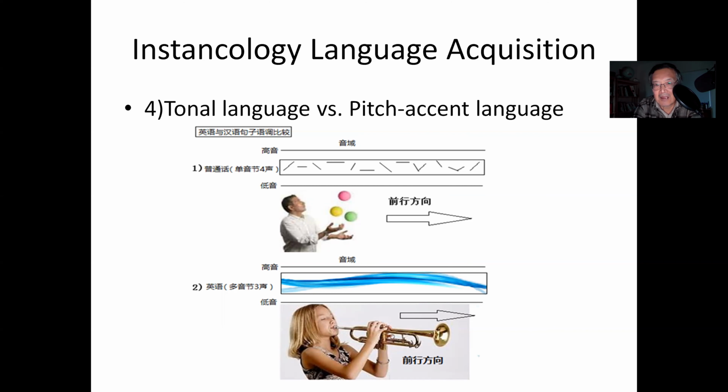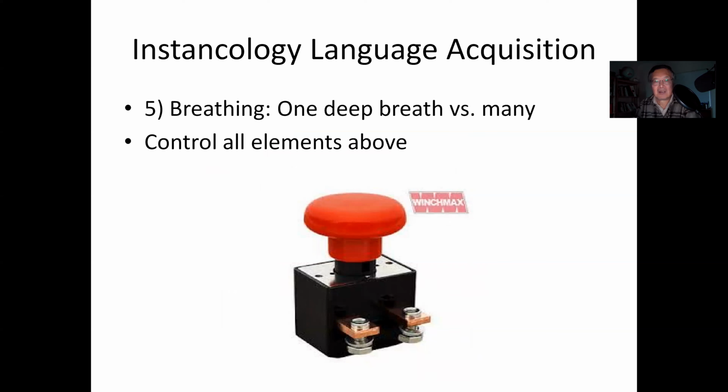Okay, and the last one. Of course, we can talk about this at the word level, phrase level, sentence level, or article level later. There's more to that. The last major difference is the breathing.